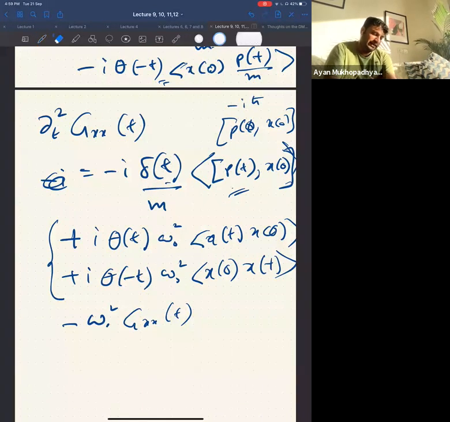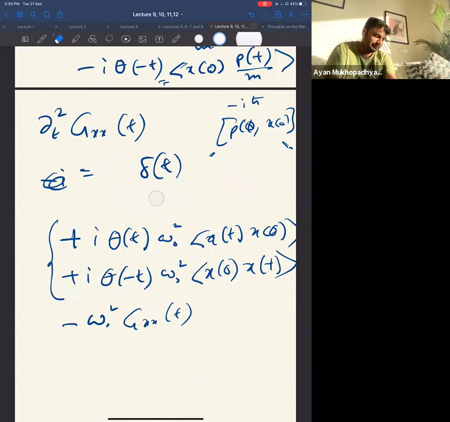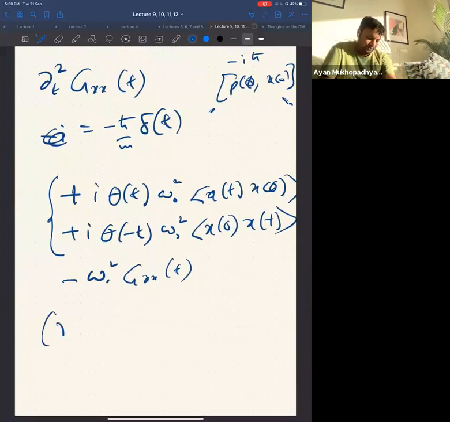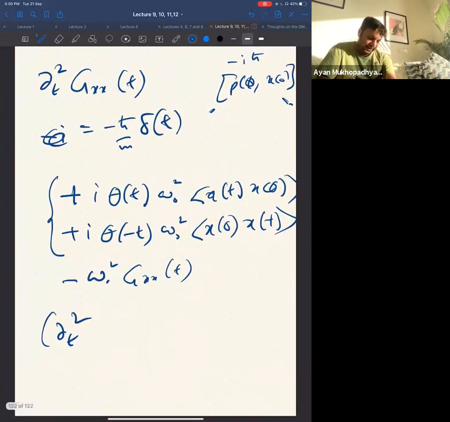So the only thing that contributes is minus i h bar. This again becomes nothing but minus h bar by m. The whole thing becomes minus h bar by m. If I put all the signs correctly, I don't know what is happening, but I think if I put everything correctly, I would have seen it.